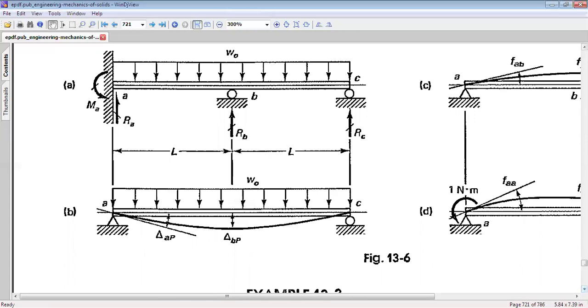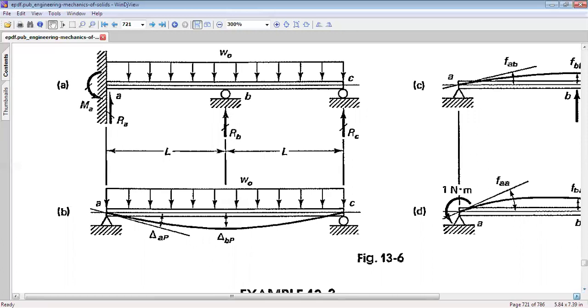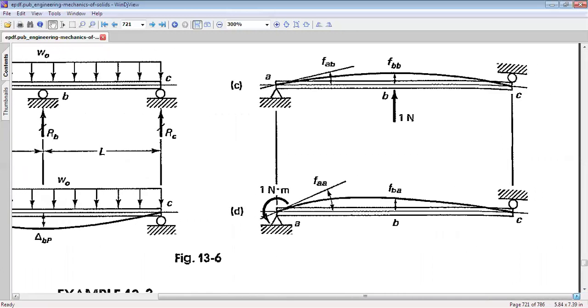Thereafter, as in figure C, we will introduce a reaction of 1 Newton at point B. Again, this system is statically determinate, and please see there is no external load acting here.